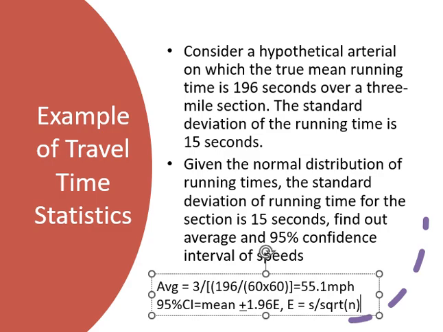They are saying this is the true mean running time. Whenever we use the word true, it doesn't refer to a sample. It refers to the whole population of drivers. So somehow they found the mean for all drivers, not a sample of drivers.